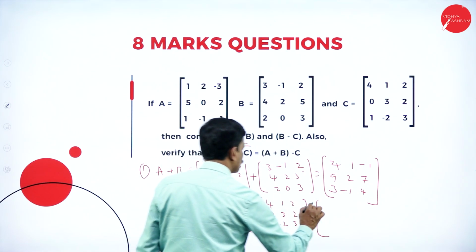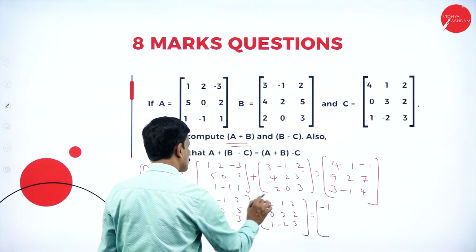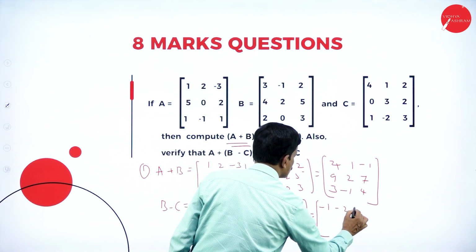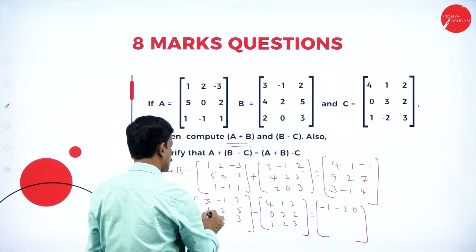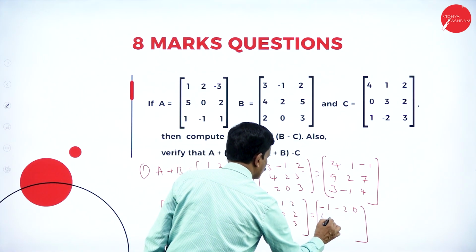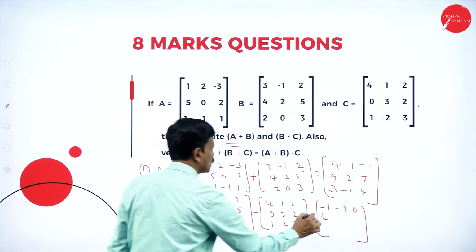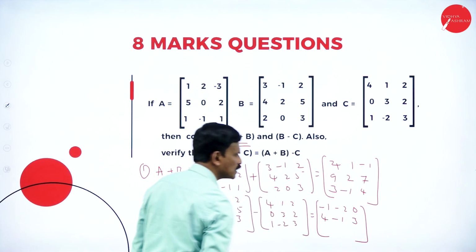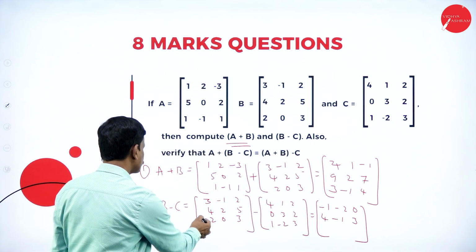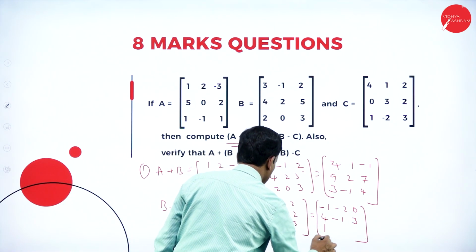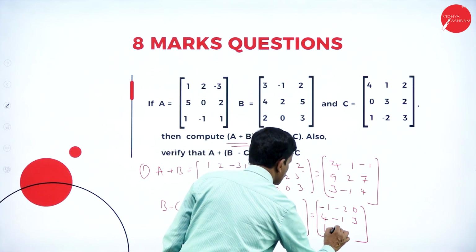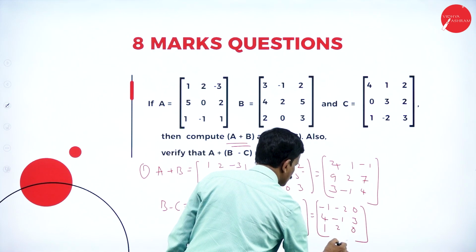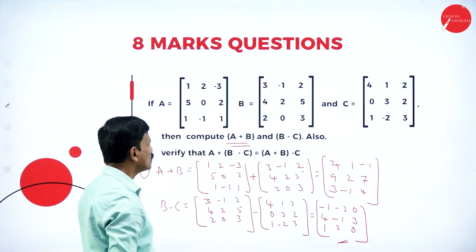So, 3 minus 4 is minus 1, minus 1 minus 1 is minus 2, 2 minus 2 is 0. This is first row. Second row, 4 minus 0 is 4, 2 minus 3 is minus 1, 5 minus 2 is plus 3. Third row, 2 minus 1 is 1, 0 minus into minus is plus, 0 plus 2 is 2, 3 minus 3 is 0. So, these are the values of A plus B and B minus C.